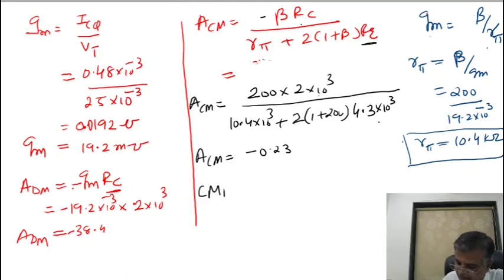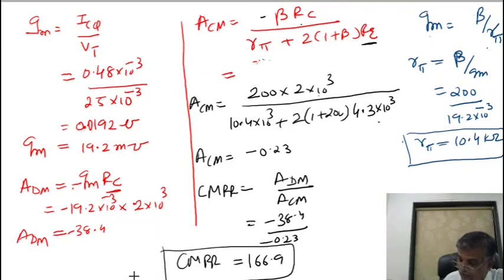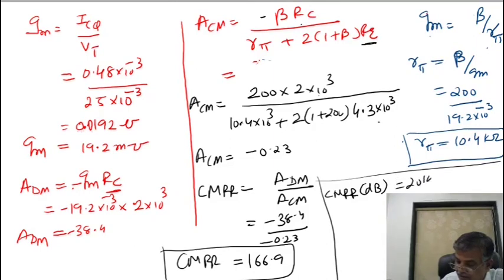So CMRR is equal to ADM upon ACM, that is minus 38.4 upon minus 0.23. You will get CMRR nearly about 166.9. Now one more question may come. What is CMRR in dB? In dB, it is 20 log CMRR.